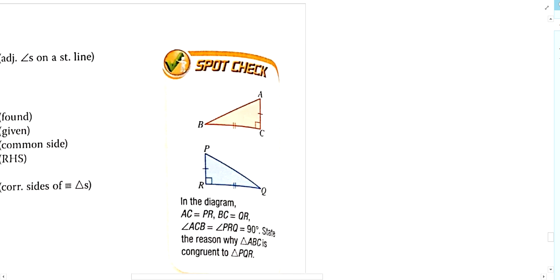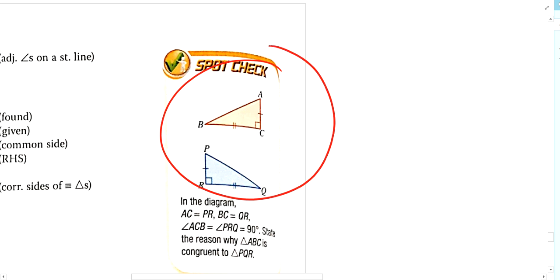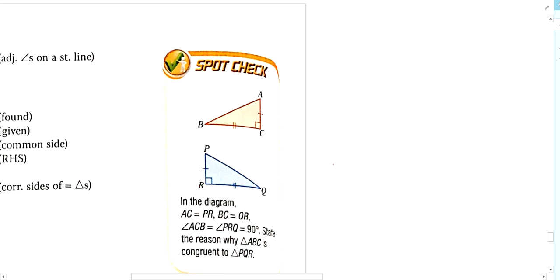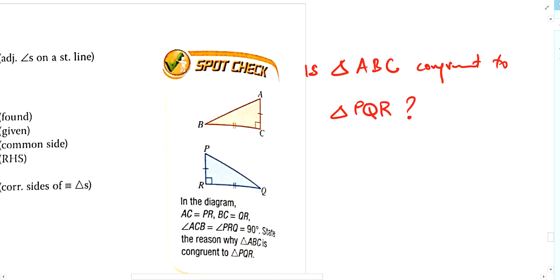Okay, now let's try this question. Are these 2 triangles congruent? Is triangle ABC congruent to triangle PQR? Yes or no?